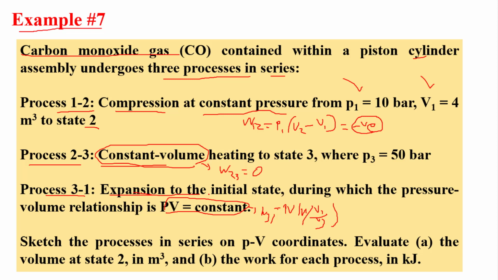So this is expansion to the initial state during which the pressure-volume relationship is given in this equation. Sketch the process on PV coordinates. Evaluate the volume at state 2. So we need to find volume 2 in cubic meters and the work for each process. Same requirements every time.